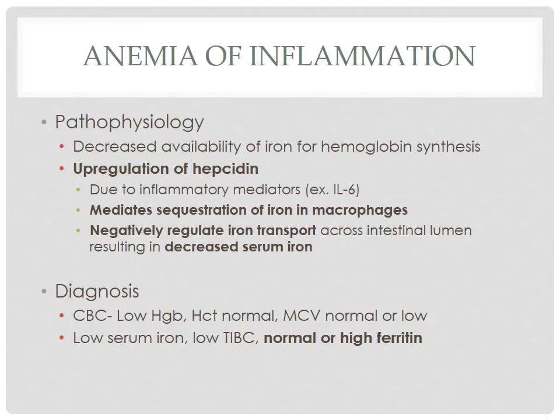You'll see a low TIBC because there are still binding sites available for iron, and you'll see either a normal or a high ferritin. The reason for this is that ferritin is an acute phase reactant, and even though there's an iron deficit, the ferritin can be elevated if there is very severe inflammation because it is an acute phase reactant.